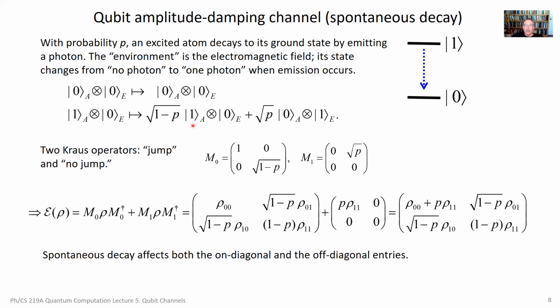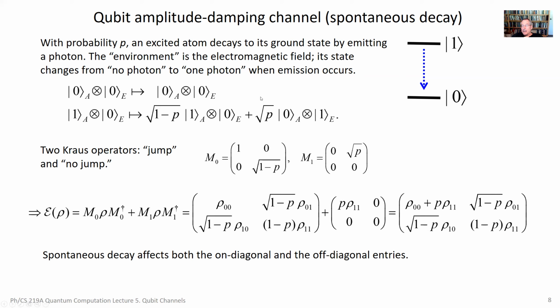So the atom is still in the excited state and there's still no photon, but it's possible for the excited state to decay to the ground state, in which case the atom makes the transition from the state 1 to the state 0, and the state of the environment changes. A photon appears. So the electromagnetic field is now in a state orthogonal to the initial state 0.